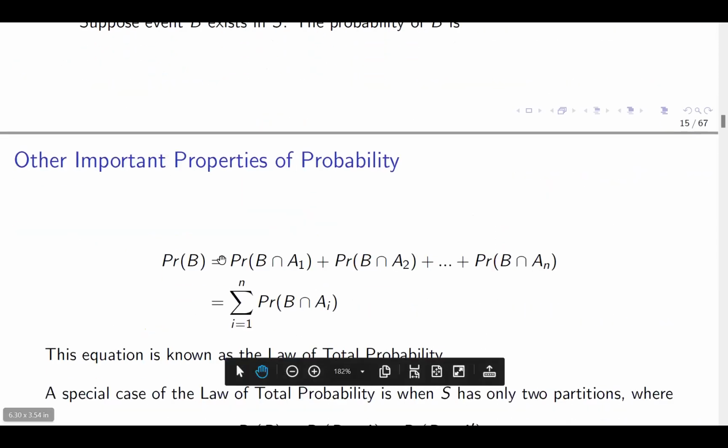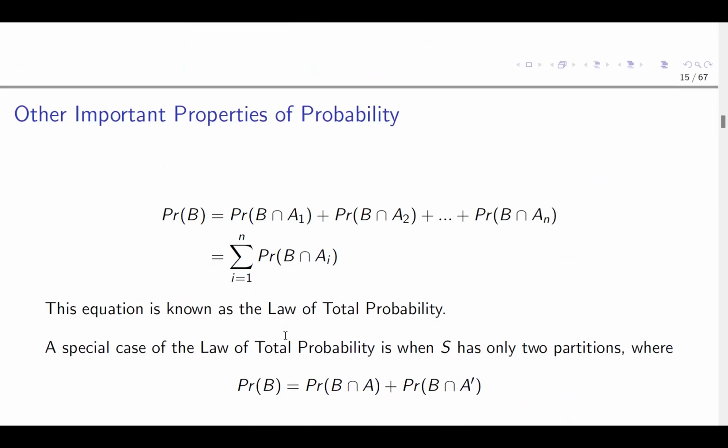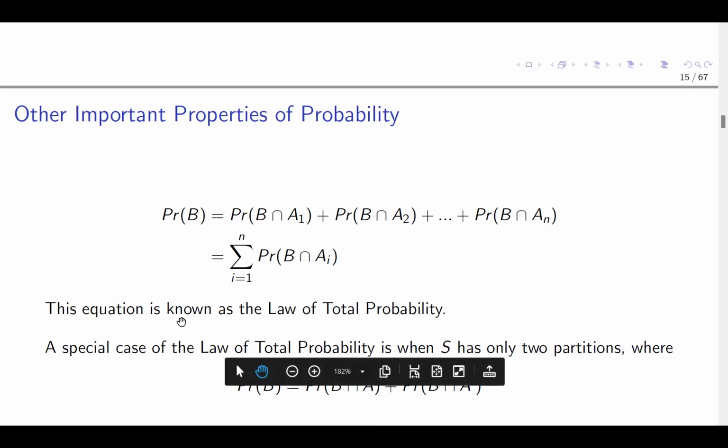The probability of B is equal to the probability of B intersection A1 plus B intersection A2, all the way to B intersection An, all right? This is summarized in math notation as such. So this equation, the probability of B equals all of this, is called the law of total probability.